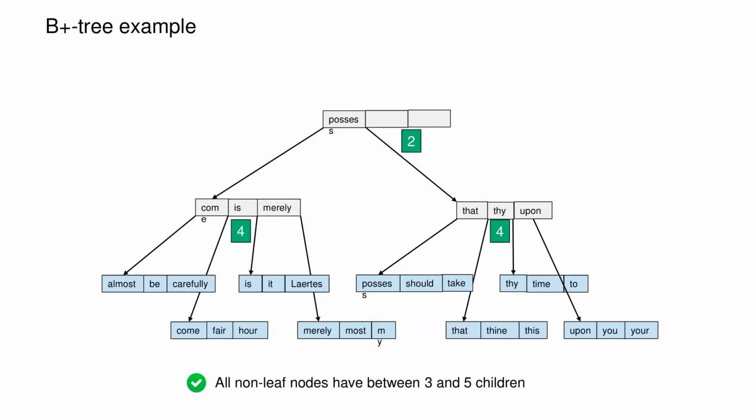And then constraint number 2 is that we don't allow any number of children. We allow an interval of number of children. That interval is configurable. You can tweak it, you can change it, you can parameterize it, and obviously we want to parameterize it in such a way that it fits with the disk block size, as I said.